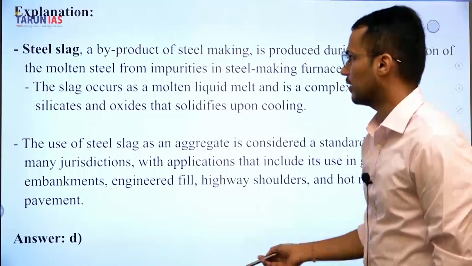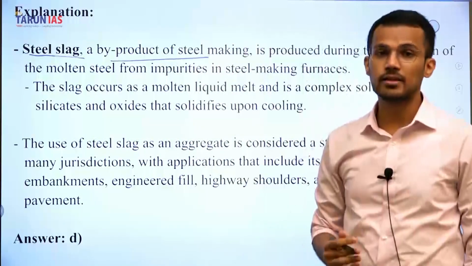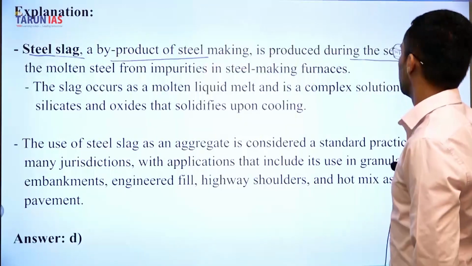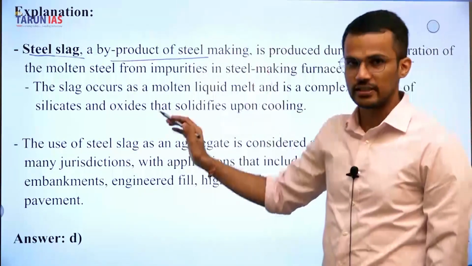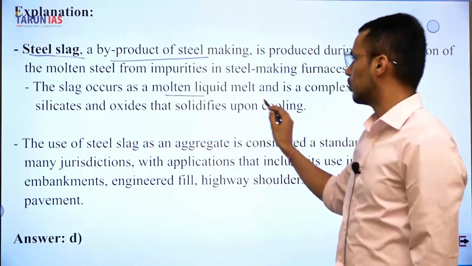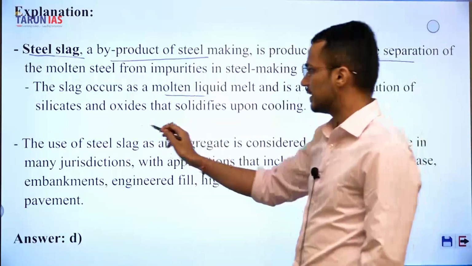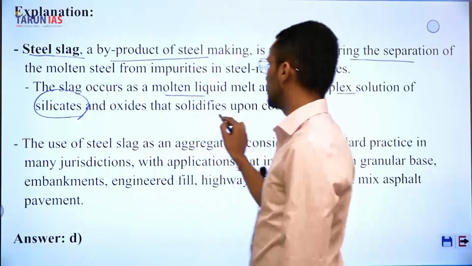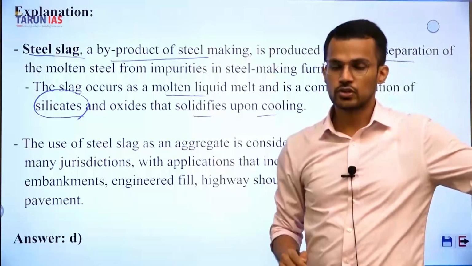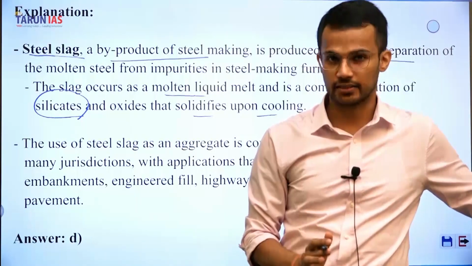So steel slag, as the name suggests, is a byproduct of steel making activity, and it is produced during separation of molten steel from impurities. The slag occurs as a molten liquid melt, and it is a complex solution of silicates and oxides that solidifies upon cooling. So primarily the steel slag consists of silicates.